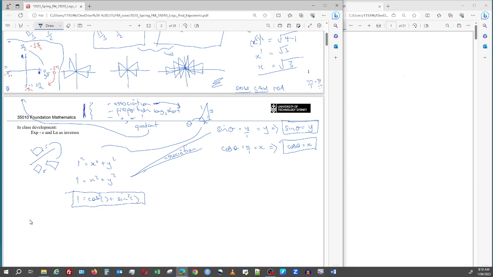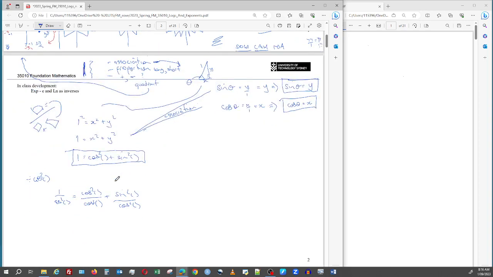All right, so if we divide by cos squared, we will get 1 over cos squared equals cos squared over cos squared plus sine squared over cos squared. And so it's not long before we get to a point where we can say, cos squared over cos squared is 1.